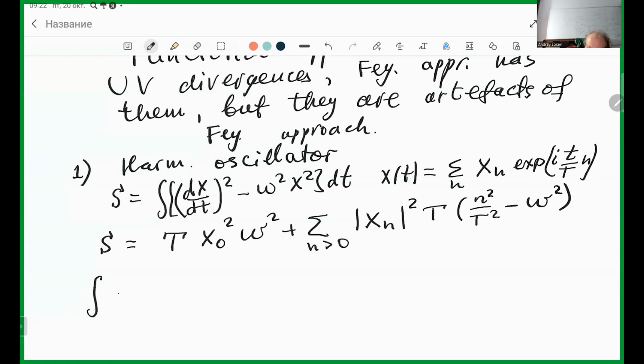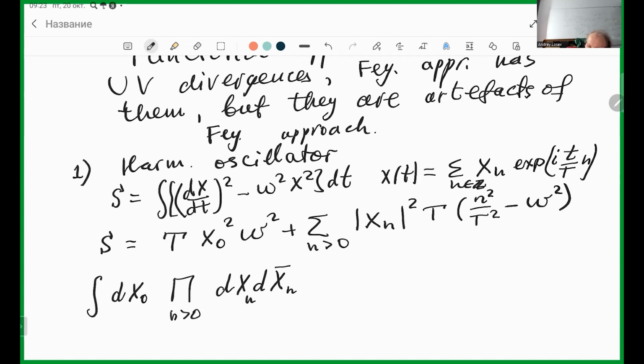Now integral is this one. So this n belongs to z.